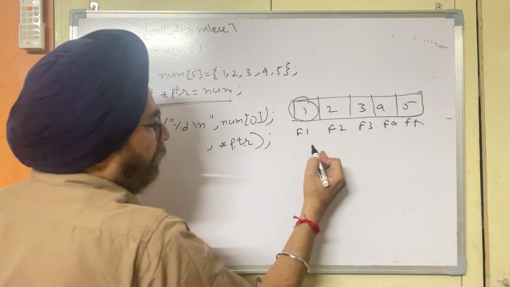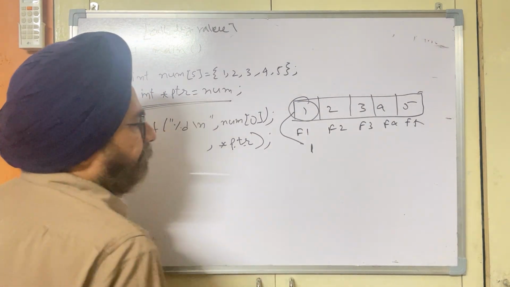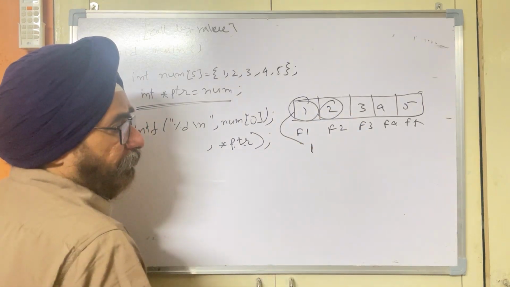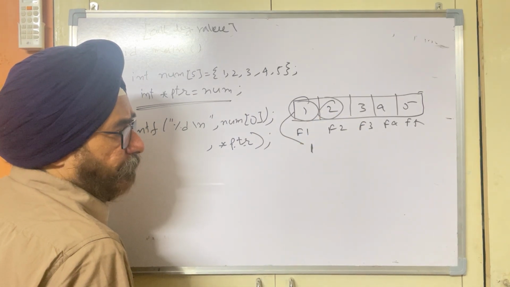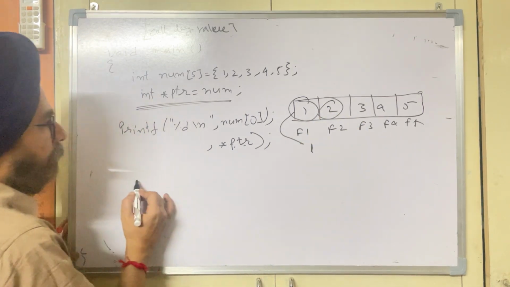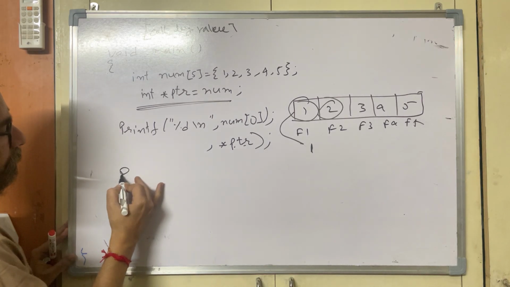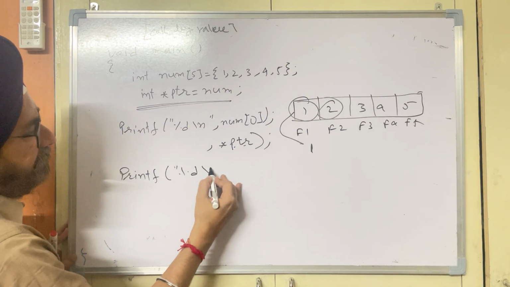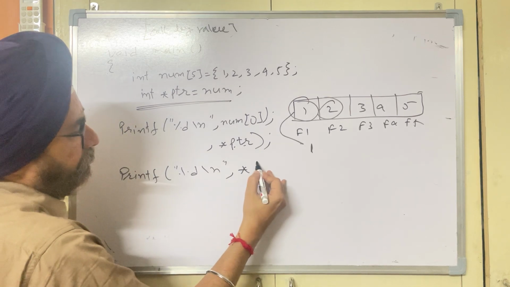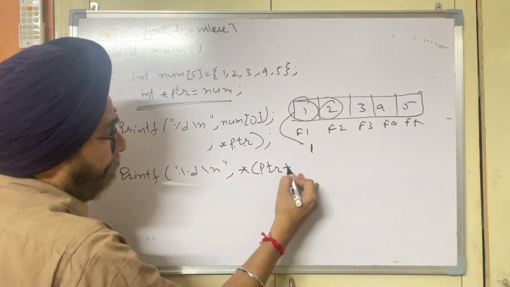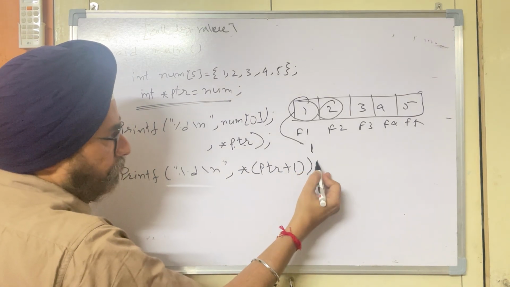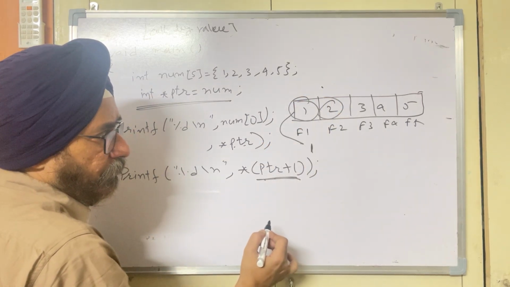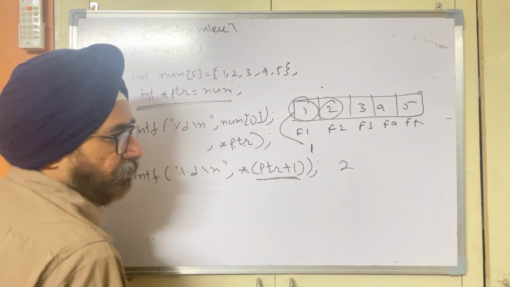It will show you the value 1. And how can we use printf %d slash n, ptr plus 1? This statement jumps to the next element, so it will give you 2.